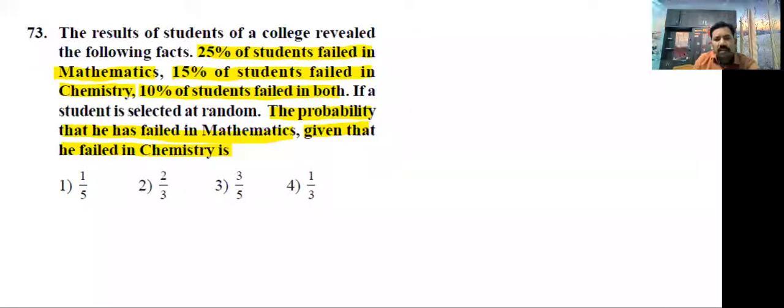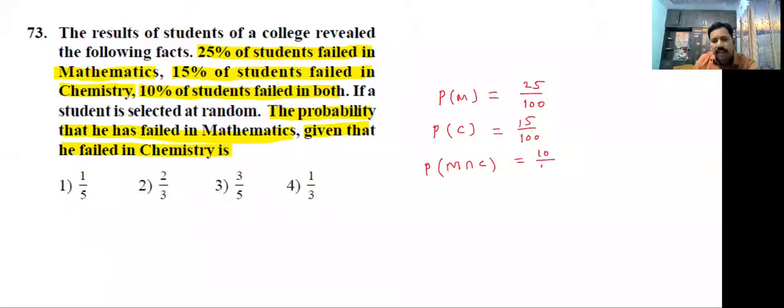Now P of M, where M means mathematics fail, is 25%, that is 25 by 100. Probability of failing in chemistry is 15%, that is 15 by 100. Probability of failing in both subjects, that means M intersection C, is 10%, 10 by 100.